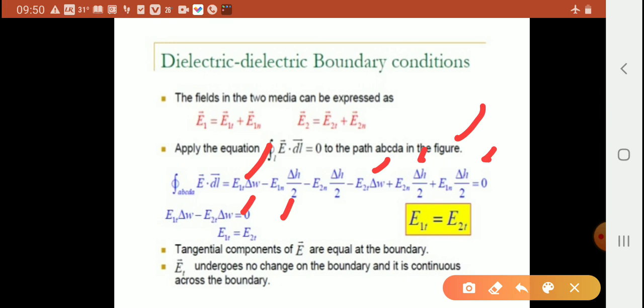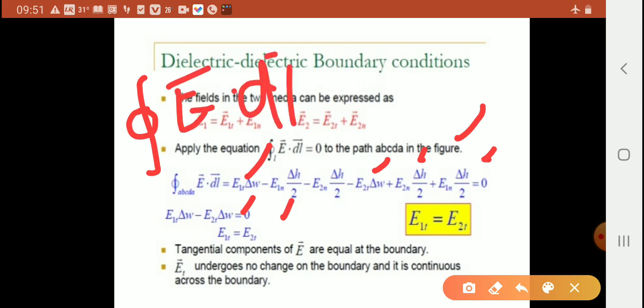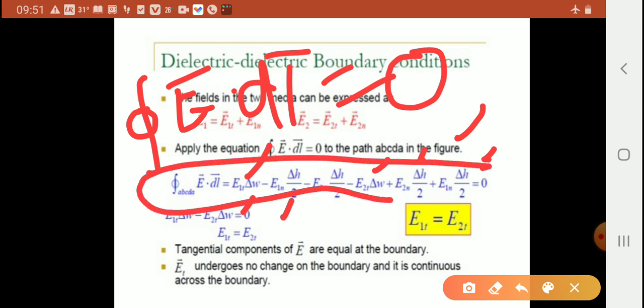We have discussed that the work done to move a unit positive charge along a closed path is 0: closed integral E dot dl equals 0. This is the total work done.